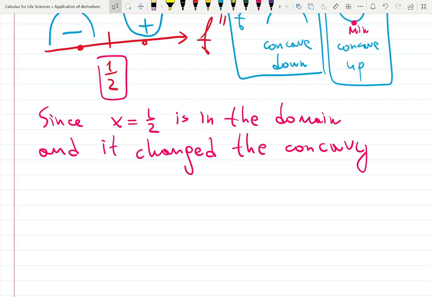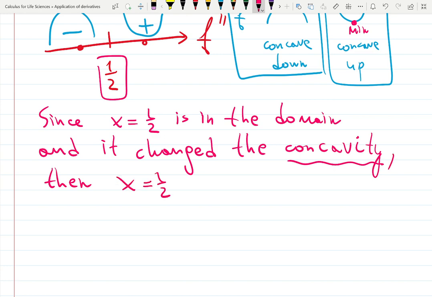That means changing concavity. Then x equals 1/2 is a point of inflection. POI.